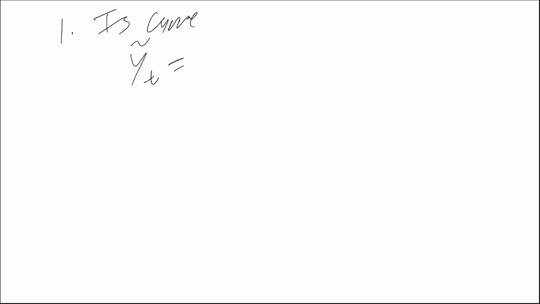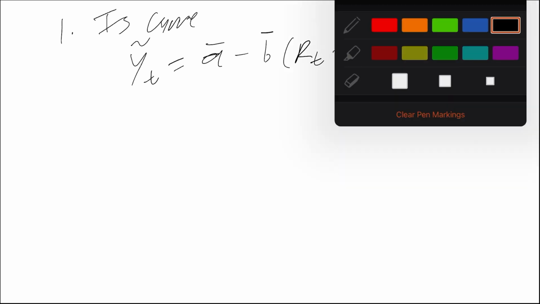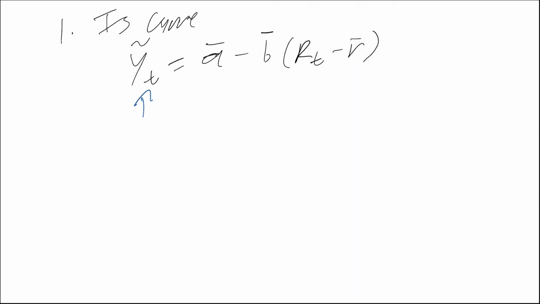We have y tilde in year t is going to equal a bar minus b bar times r_t minus r bar. And so again, this is our output relative to potential output.